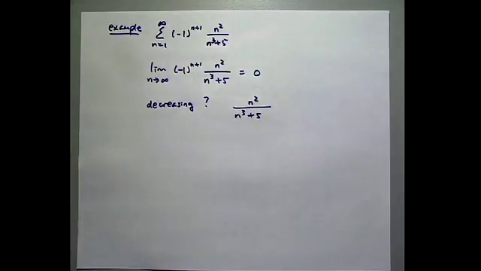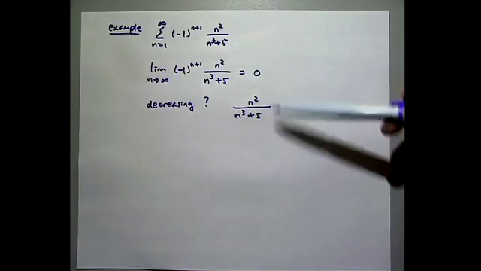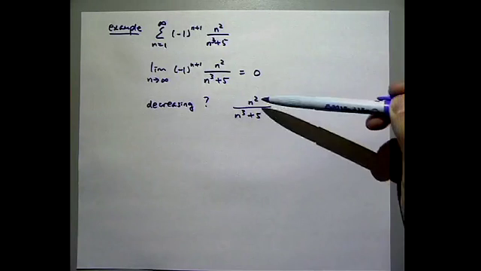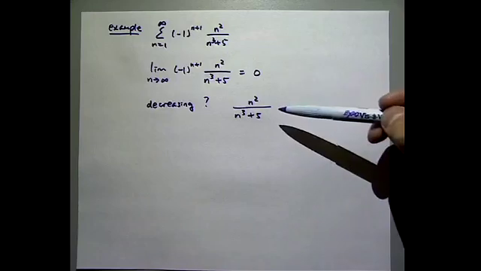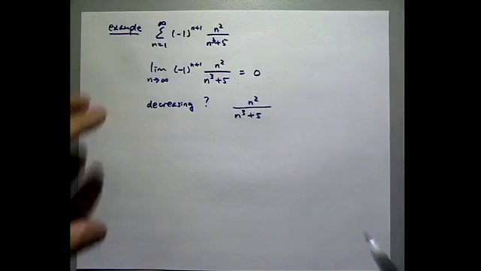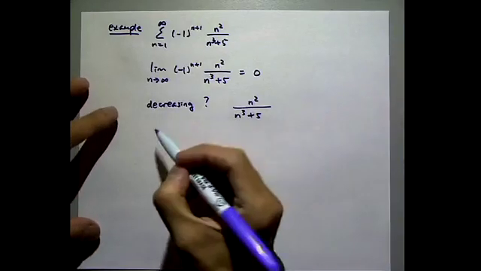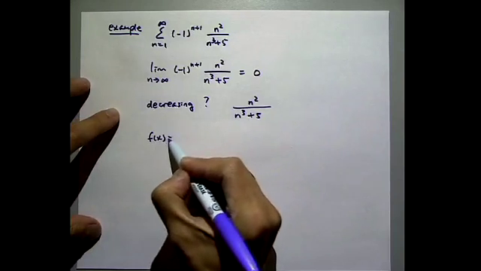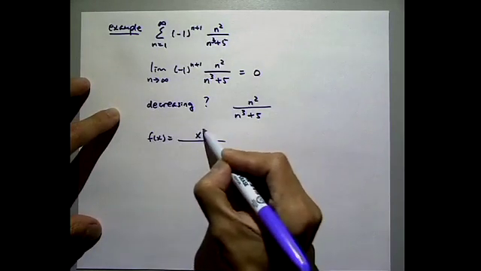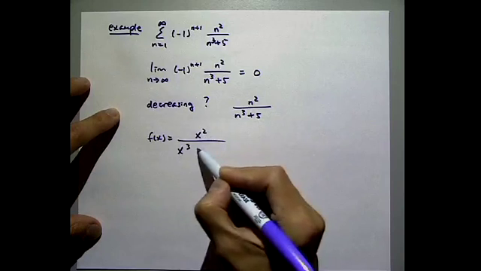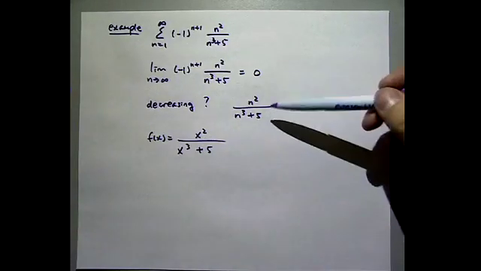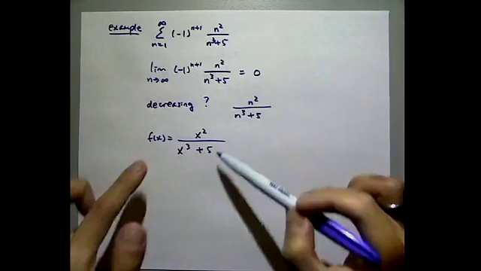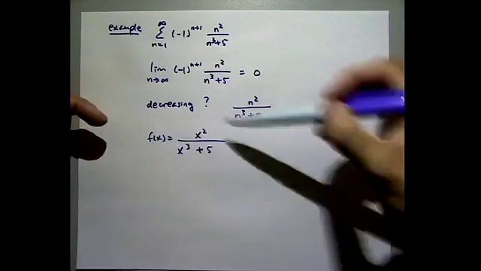And now we want to see if this thing is decreasing. And now things get more complicated. It's a little bit harder to check the way we did earlier. So what we're going to do here is to again imagine this came from a function. All these terms came from a continuous function that we sample at a few different n's. So this function gives us the terms that look like that.